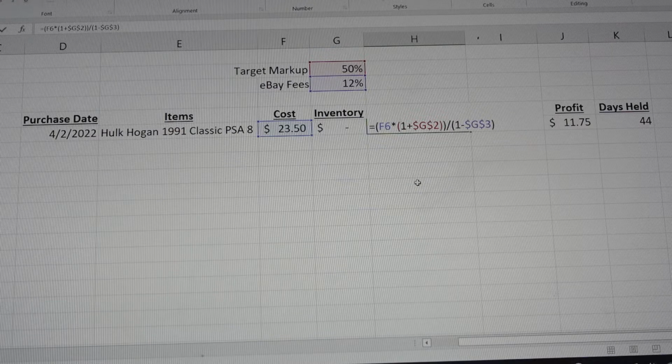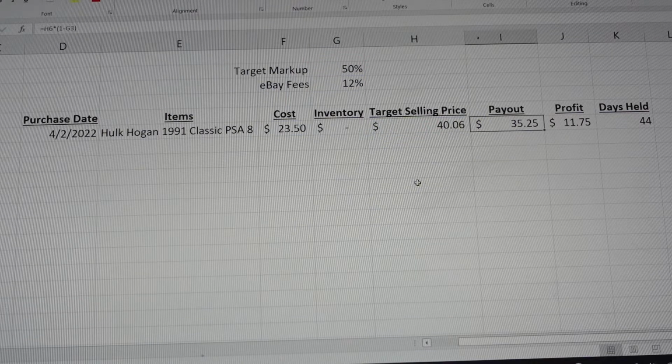So I'm saying 150% because my target markup is 50%. 1 plus that would be 150%, divided by the percent value of what I'm going to get after fees. So 1 minus the eBay fees. So if eBay fees are 12%, what that means is if you divide that number by 0.88, that is how much you're going to need to sell the item for, so that after the 12% fees are taken out, you have 88% left. You're still going to make your profit, which is 50% of the target markup.